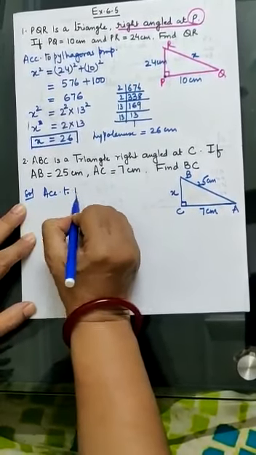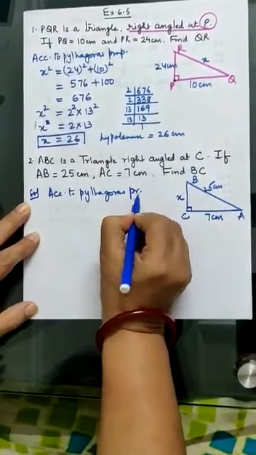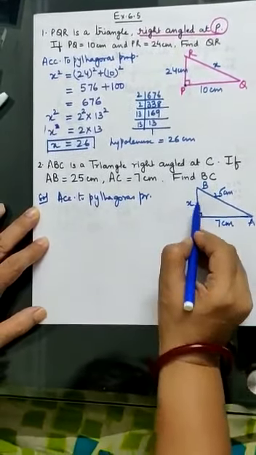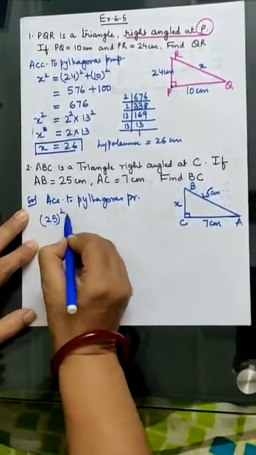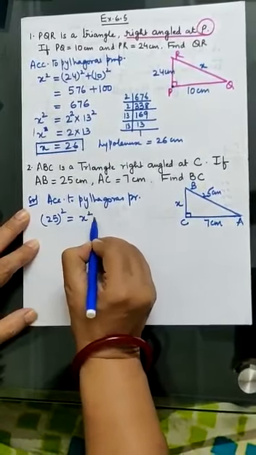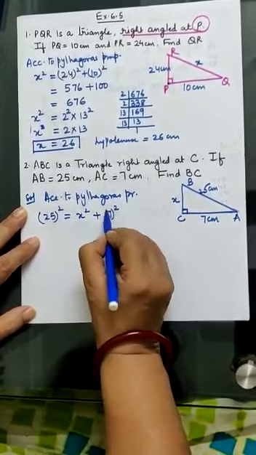So according to Pythagoras property, hypotenuse square is perpendicular square plus base square, which gives 25 square is equal to x square plus 7 square. Okay?